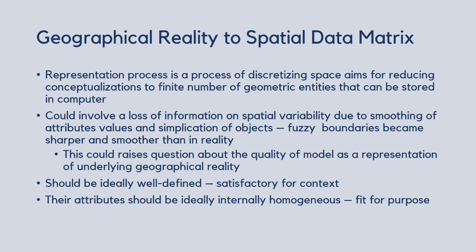So the entities that are created by this process and which discretize the geographic space should ideally be well defined. So what do we mean by well defined? Basically it is satisfactory for the context of what we want to study. For example, if there is individual level data, then although an individual person is well defined, providing a georeference may raise problems because people move about daily and may live in different places over the course of their life.